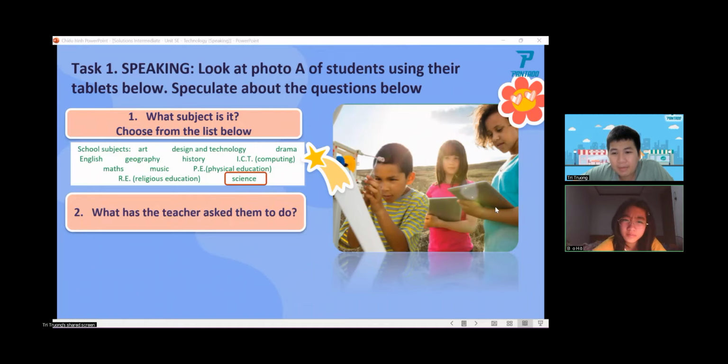Let me give you some clue. As I remember, when you join a science class, the teacher usually asks you to do an experiment and then look at the experiment and write down the result. And after that, from that result, you will need to explain why that result happened, right? And here is the answer for the second question.